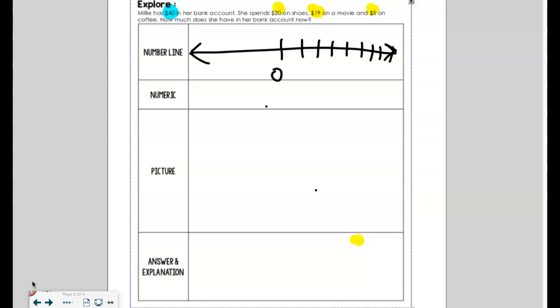So we're starting at that $40, and we go down to -5, -10, -20, -25. So she starts at 40.